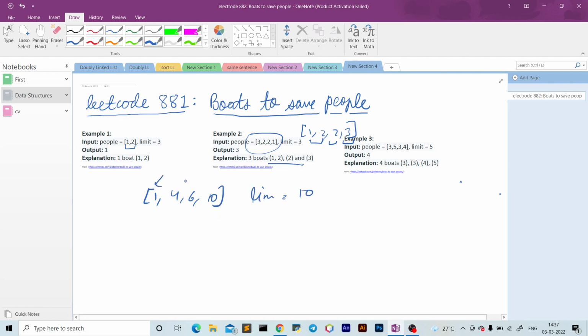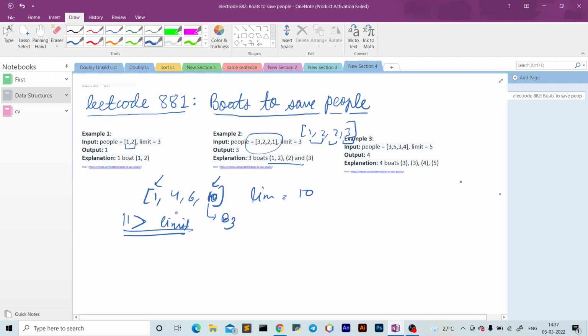If these two sum to 11, which is greater than the limit, that means we cannot combine 4 or 6 with 10 either, because we have sorted the array. So this 10 would have to go alone in the boat.